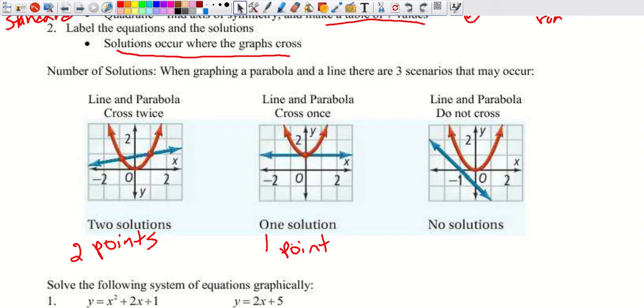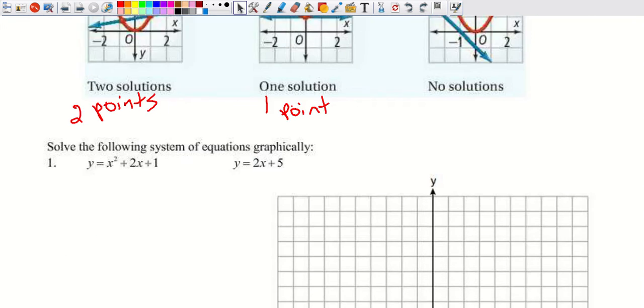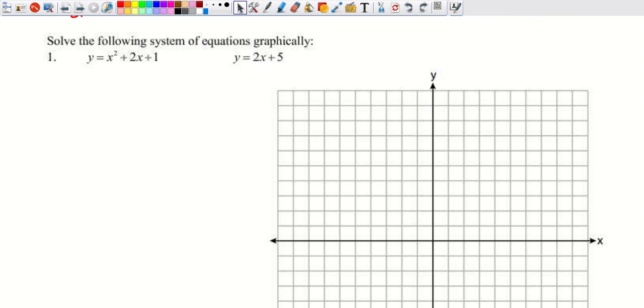So for our first one, we have this parabola, y equals x squared plus 2x plus 1, and y equals 2x plus 5. Now, what I would recommend is you graph them on your calculator first. There's a couple reasons why. Number one, I want to know where they cross and what the graphs look like. So even though they gave me this 10 by 10 grid, maybe they cross at like 15 or 12.